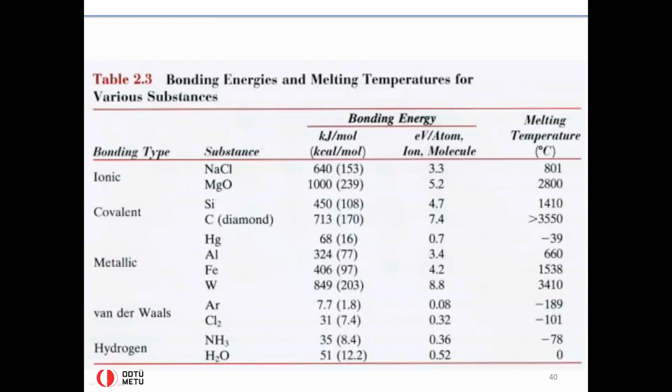So you see that mercury, which is a liquid indicating it must have a weak bond, has indeed a low bond energy, whereas iron has a significantly higher one, and tungsten has very high within its own category, but still lower than materials that are examples of ionically bonded, that have ionic bonds that keep them together.